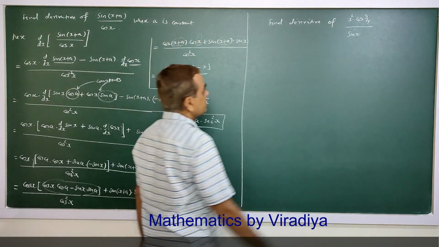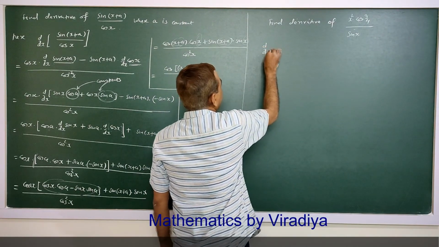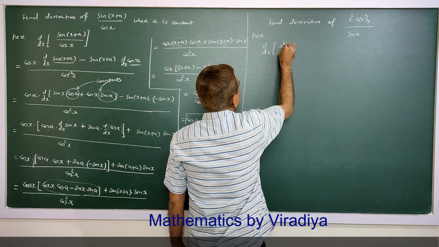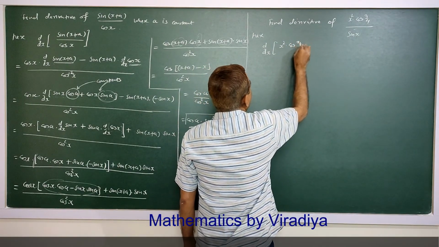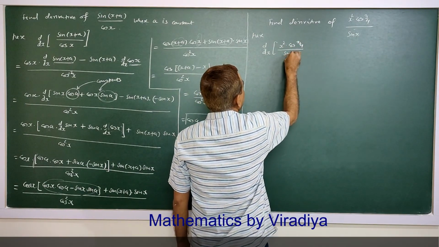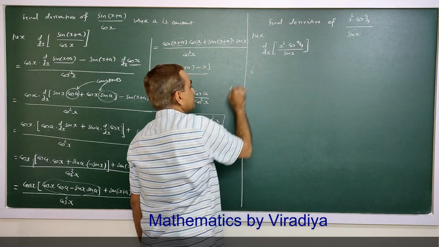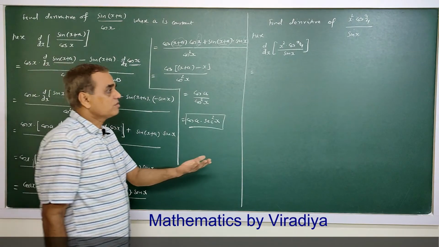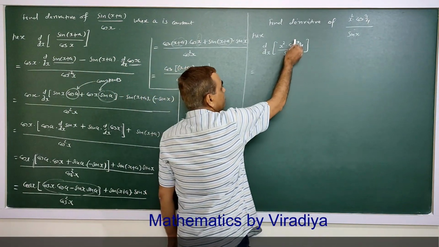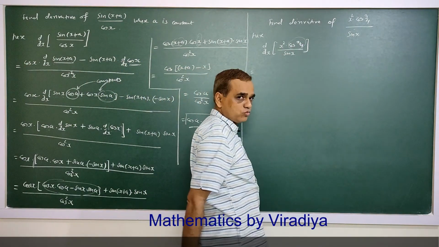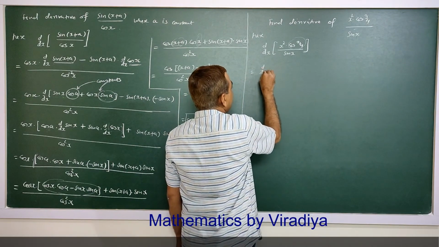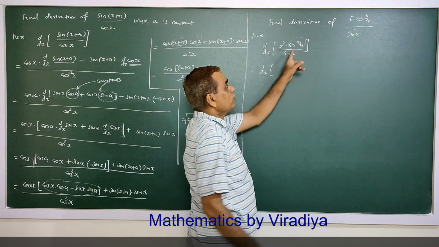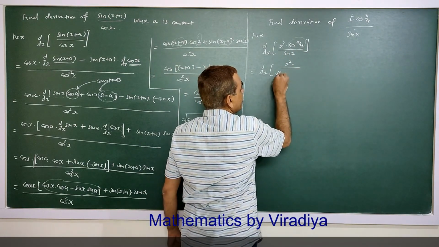Now d by dx of x square into cos pi by 4 upon sin x. We know value of cos pi by 4. We put cos pi by 4 as 1 by root 2. So d by dx of x square into 1 by root 2, so put root 2 here in denominator.